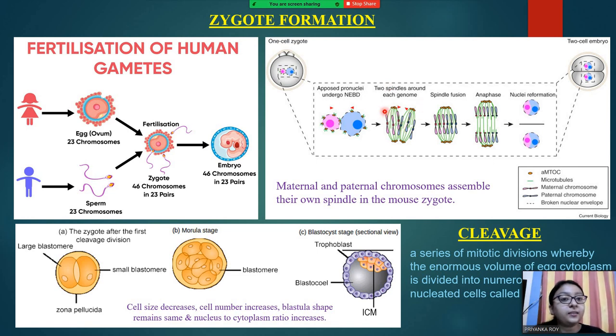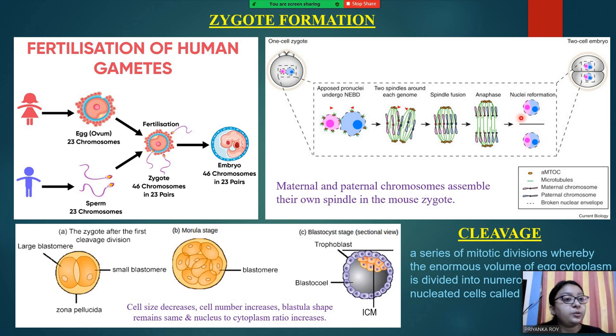You can see that these two spindles come closer together and there is a spindle fusion. After that, during anaphase, one strand of each chromosome goes to one pole and the other strand goes to the other pole. Here you can see that the new nucleus contains the genetic information from both the male gamete as well as the female gamete.